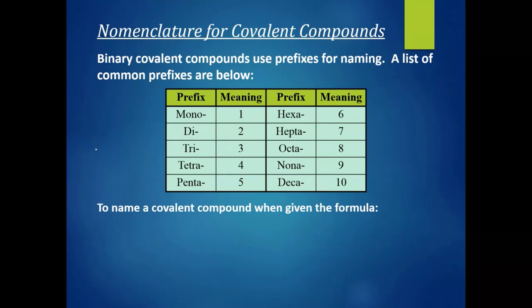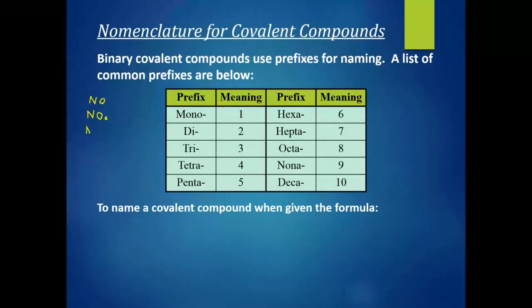Before I start going through some of these different rules, I want to explain something. For example, if you just look at nitrogen and oxygen, you can have nitrogen with one oxygen. You can have nitrogen with two oxygens.